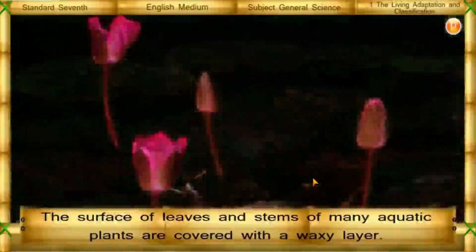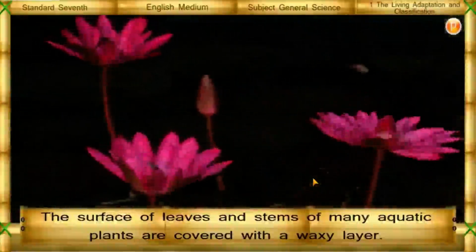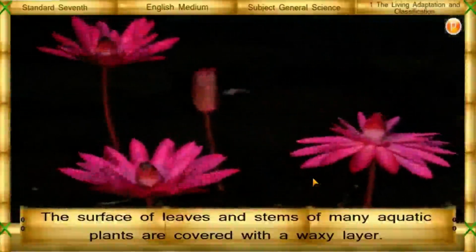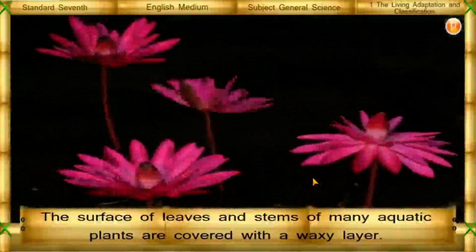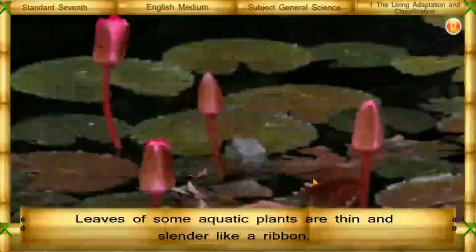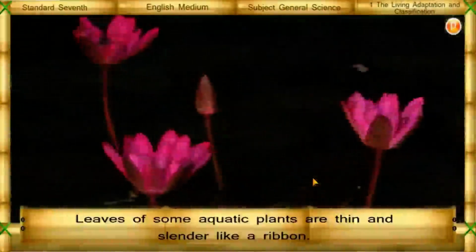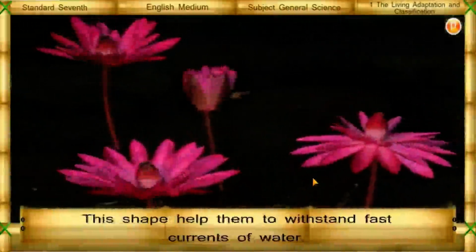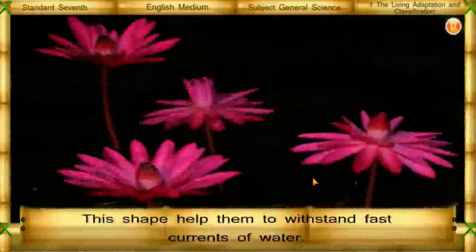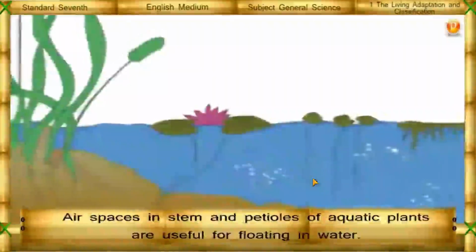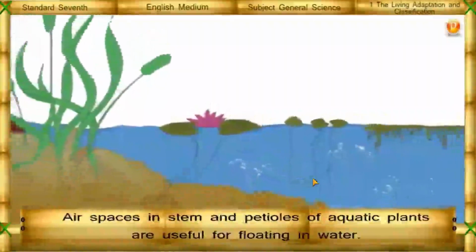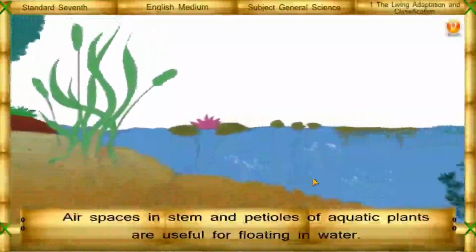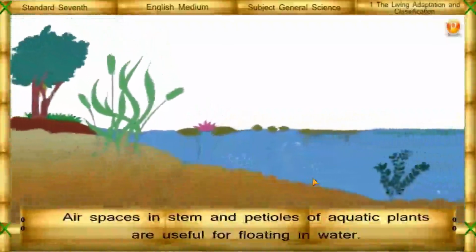The surface of the leaves and stems of many aquatic plants is covered with a waxy layer. Leaves of some aquatic plants are thin and slender like a ribbon. This shape helps them to withstand fast currents of water. Air spaces in the stem and petioles of aquatic plants are useful for floating in the water.